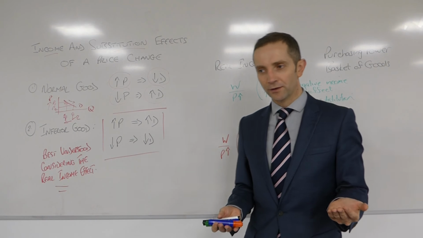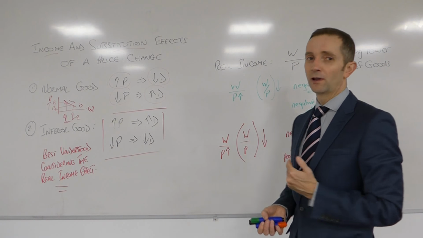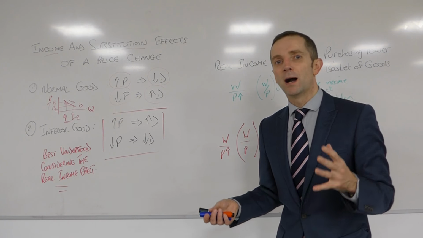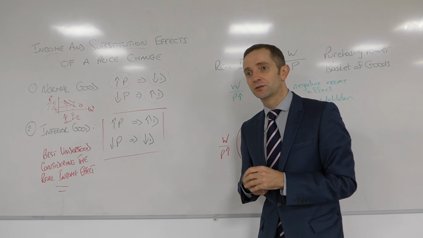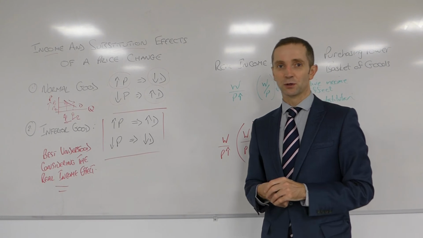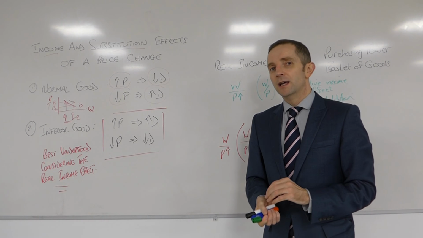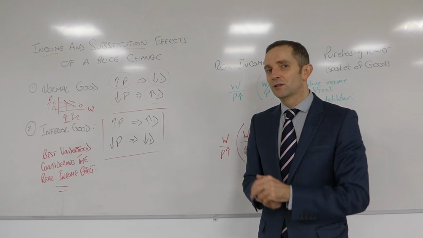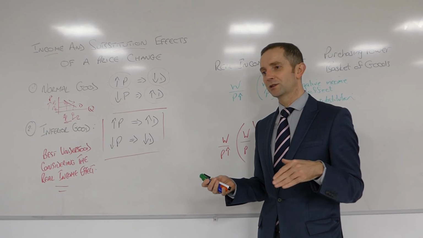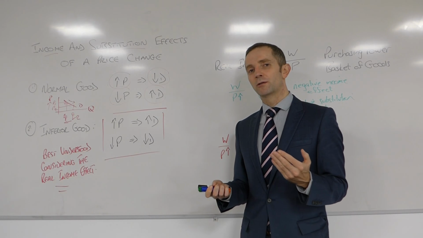If you become more wealthy, in other words, if your income rises, then you're more likely to switch away from the VHS video recorder and buy a more up-to-date alternative, such as a DVD player, or you might stream films and so on. So that's how things move on, so that's why it's inferior. It's also worth noting, and a shout out to Philip here in my Year 12 class, because he was talking yesterday about the fact that during a recession, is it the case that the demand for inferior goods goes up?